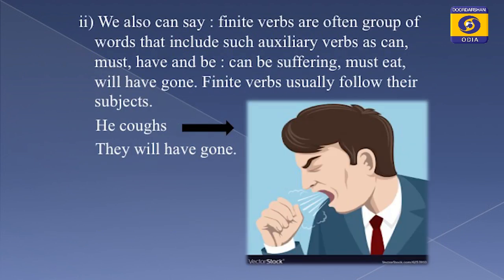Okay. So we can also say finite verbs are often groups of words that include auxiliary verbs like can, must, have, and be. Take an example. He can be suffering. He must eat.